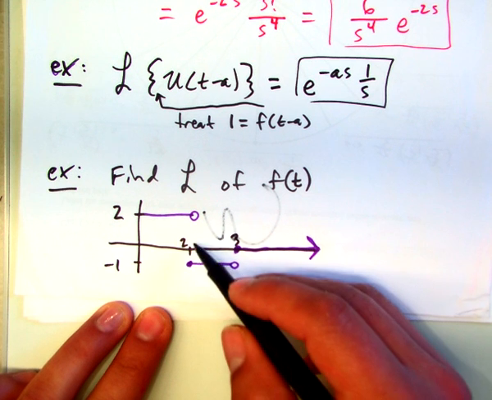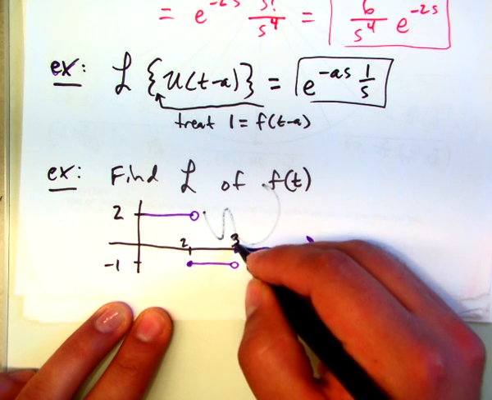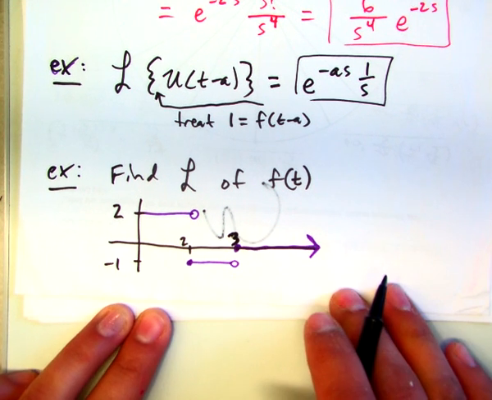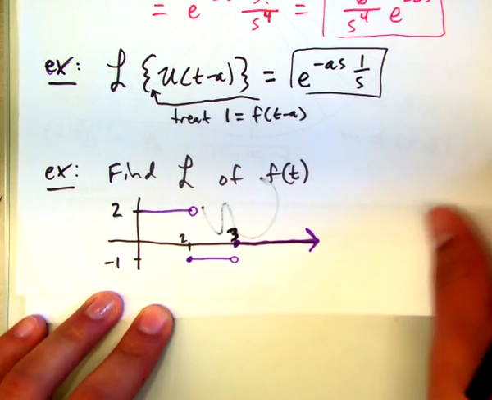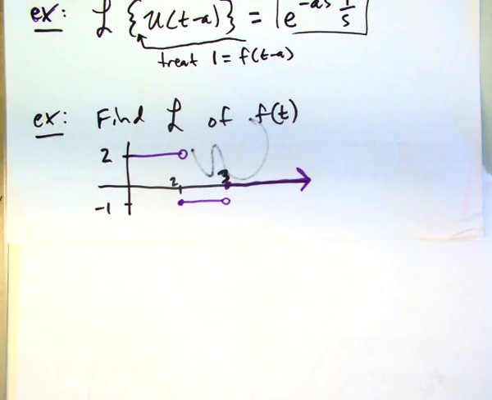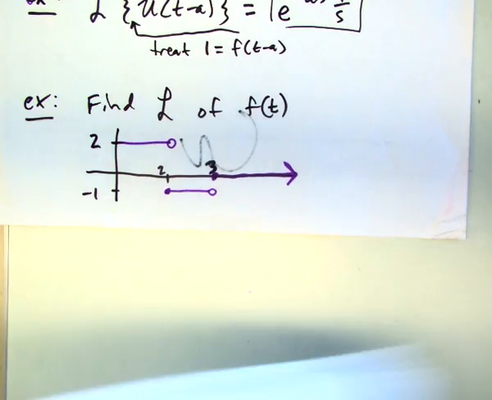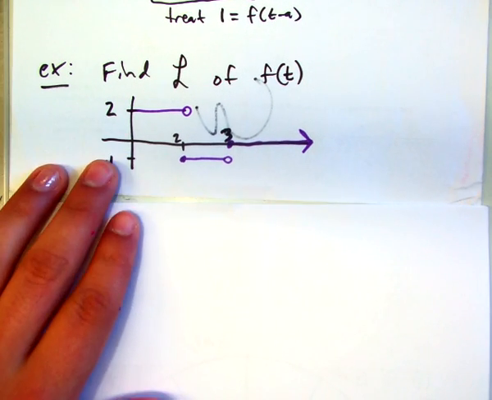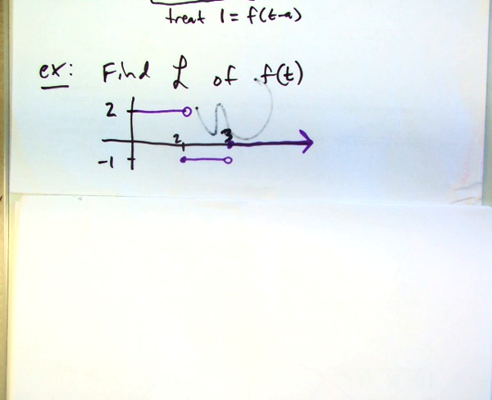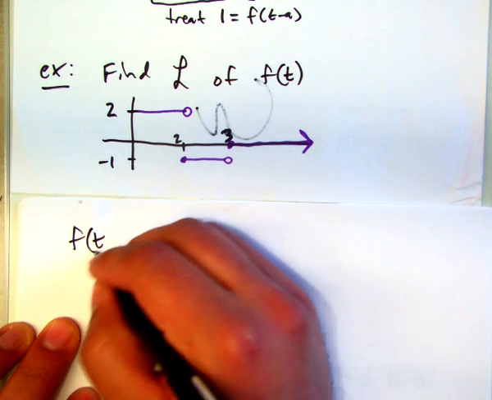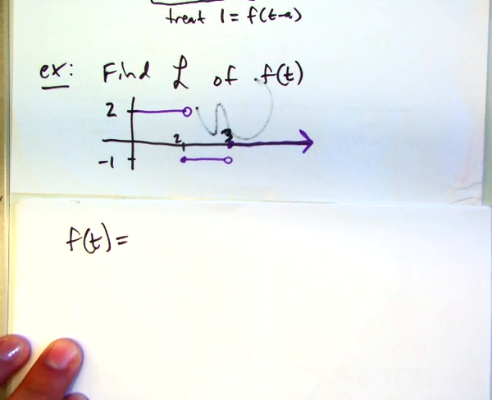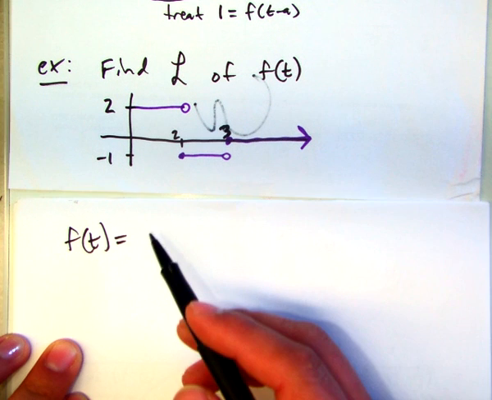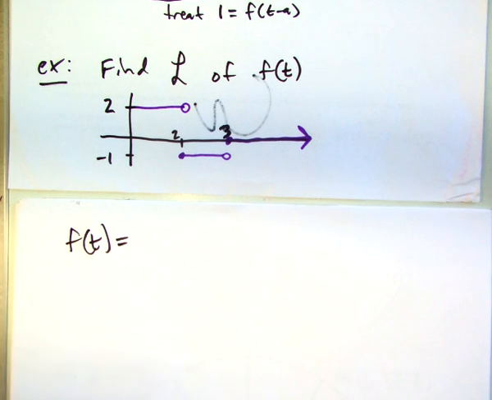So this is 2, that's a 3. It's hard to see, but okay. Let's write the function first. This is kind of what we finished with yesterday, right? So here's our function, the piecewise graph. If I want to write out what it looks like, what would that be?